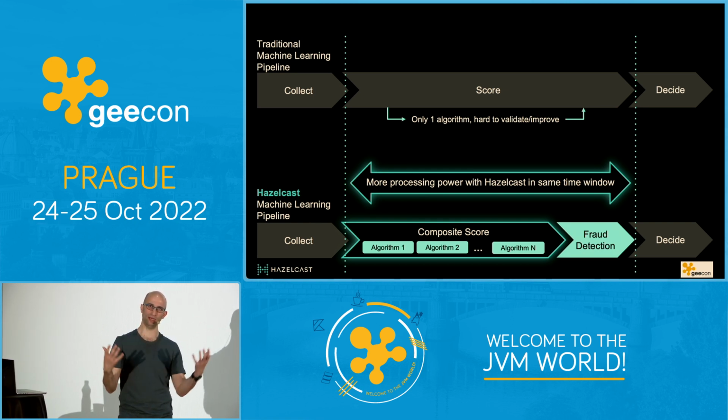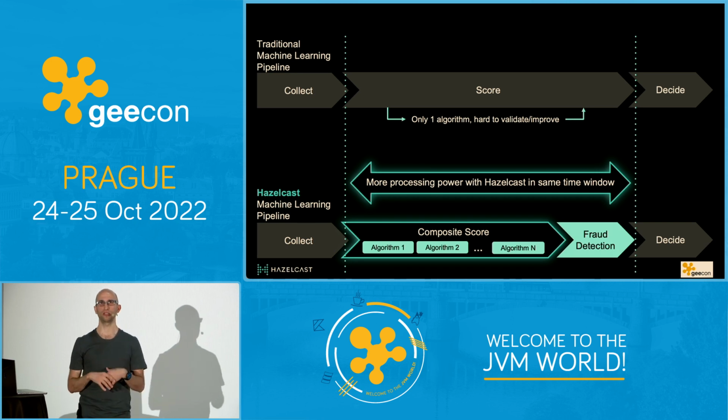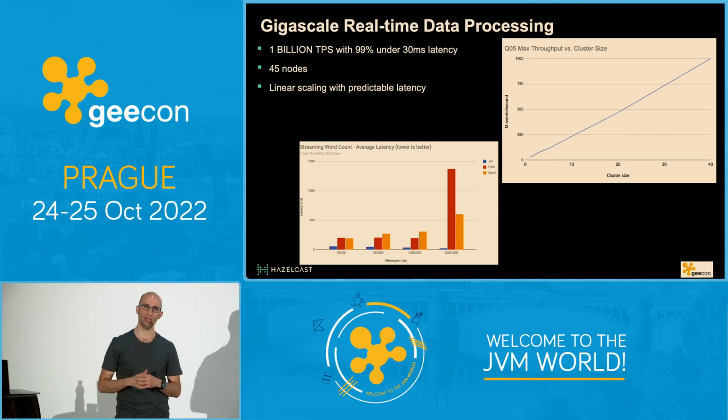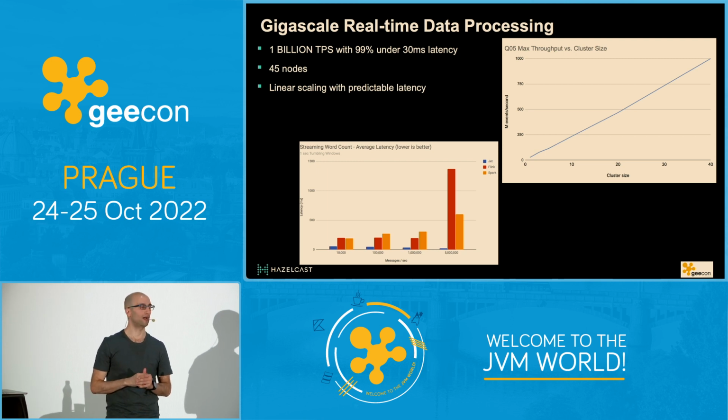It's a combination of multiple users and multiple banks. And we've done a gigascale experiment where we really tried to scale the application. What we managed to do is 1 billion transactions with under just 30 milliseconds latency, and that was on 45 nodes. So think about it.